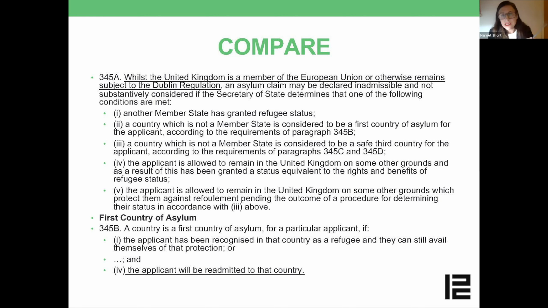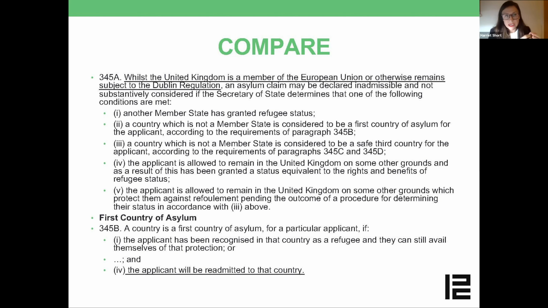And so without agreement for admission, we could have a claimant being unable to obtain protection in the UK and unable to re-avail themselves of protection in the member state. The policy that I've taken you to before provides that in these circumstances, without an agreement for admission, that's an unacceptable position to put them in.